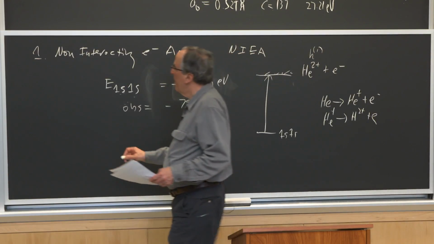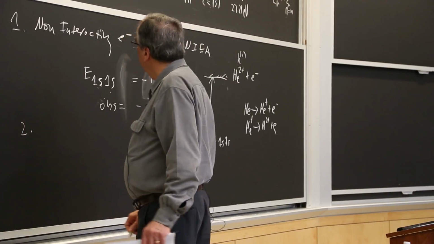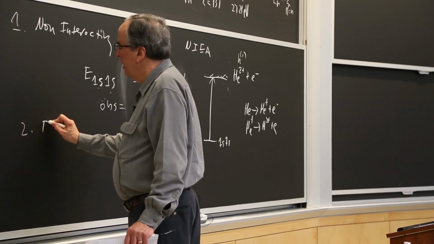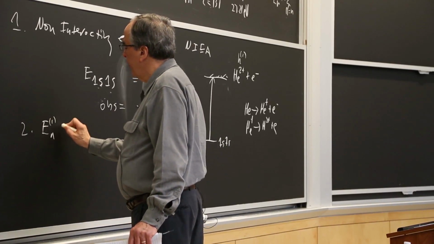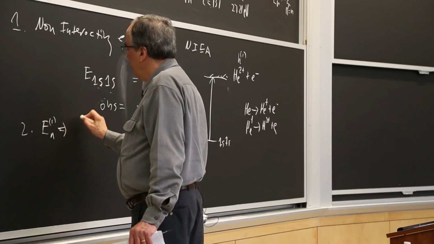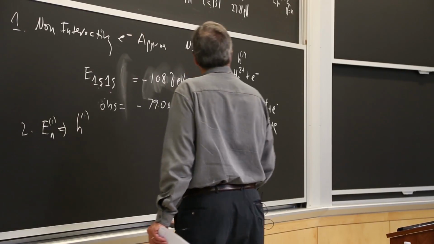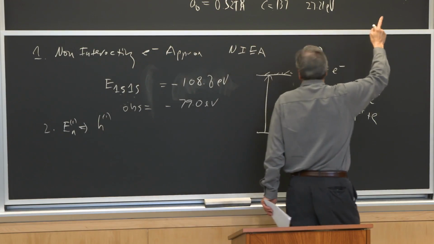So we improve on it by including E1 of n, which is related to H1, which is that simple-looking thing over there.